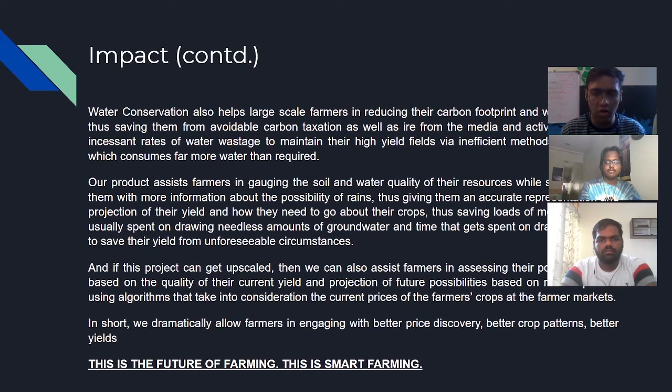And again, we can talk about this all day long, but there are also monetary benefits that are outside of the ecological and financial aspects. We are talking about data collection.